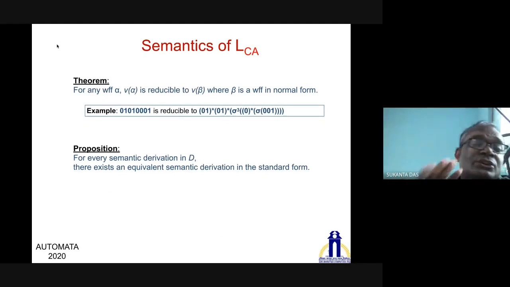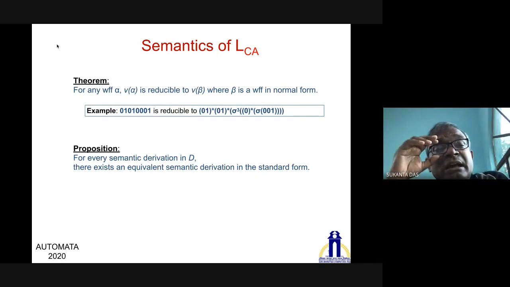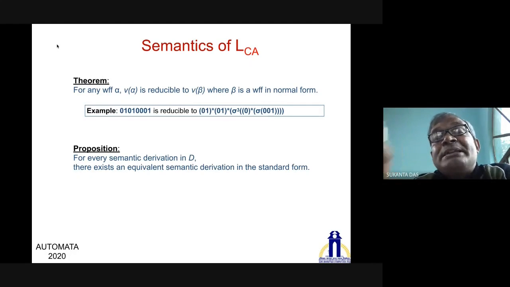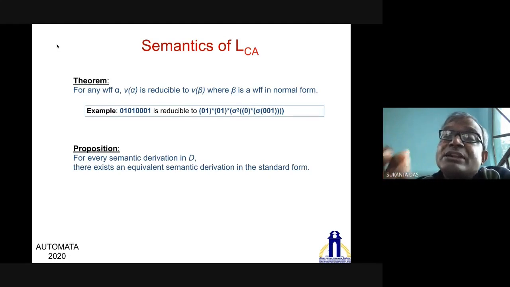So one theorem, and this is an important theorem of our work, says that for any WFF alpha, V alpha is reducible to V beta, where beta is a WFF in normal form.